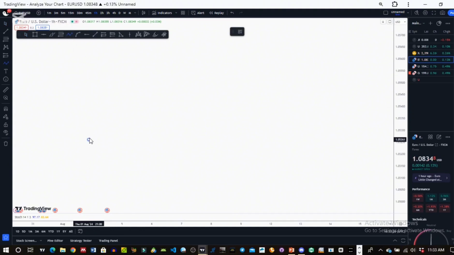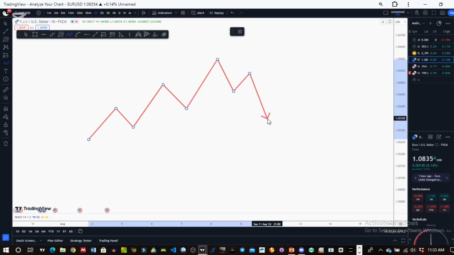Now, for the normal bearish divergence, all right, you have price on an uptrend, then price tends to reverse in the opposite direction and moves in the downtrend.